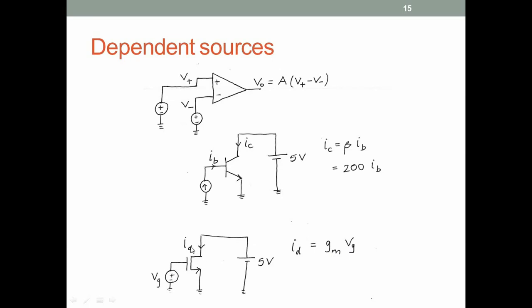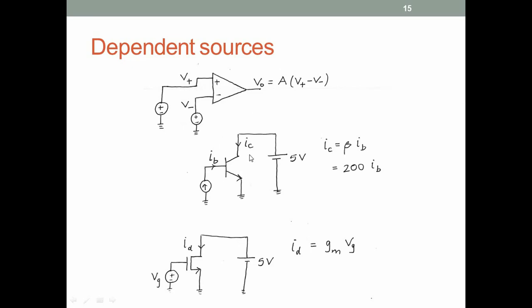Now all these physical phenomena it is convenient to represent them by circuit elements. So we introduce a class of circuit elements called dependent sources. Dependent sources are not real, they are abstractions that are used to represent these different effects.